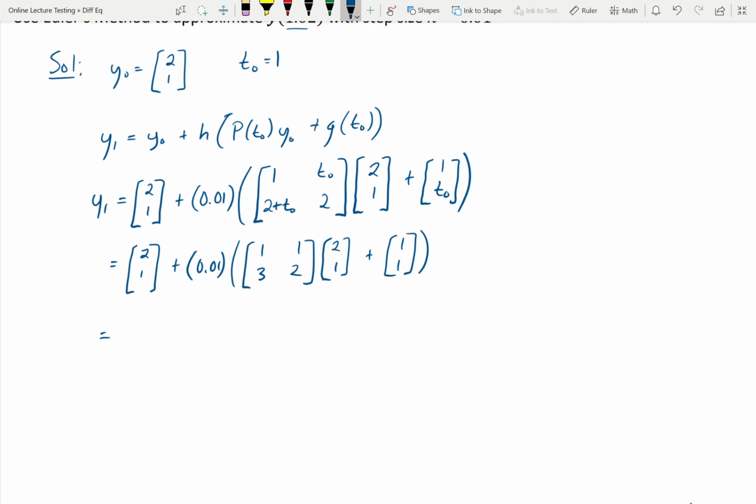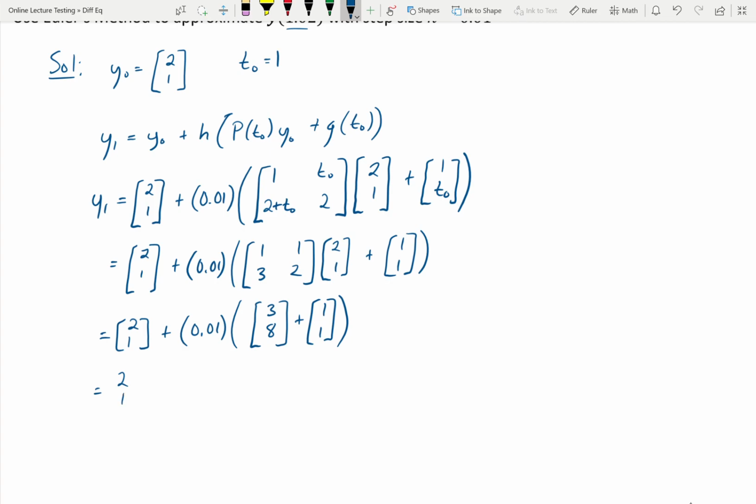So now here we go. 0.01. And when we multiply this 2 by 2 by a 2 by 1, we're going to get a 2 by 1 back out of it. So this row times this column, we're going to get 2 plus 1, so we're going to get 3. 6 plus 2 is 8. We're going to add this vector to it, 1, 1.